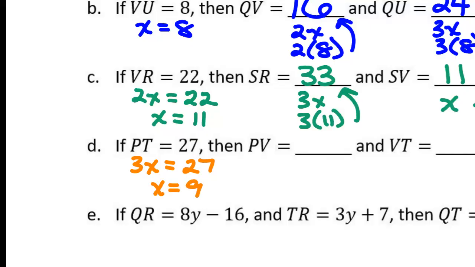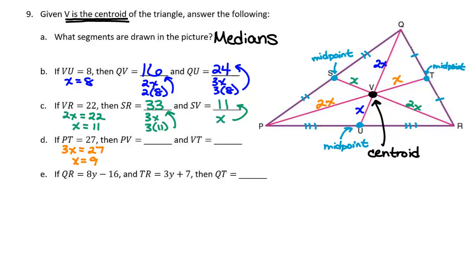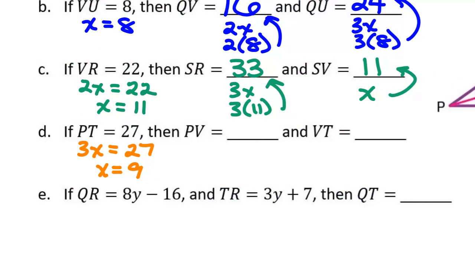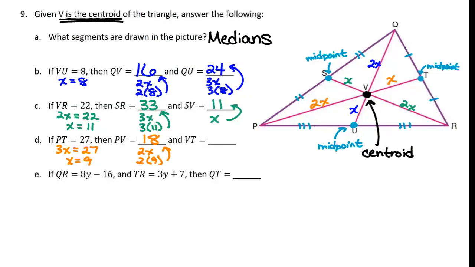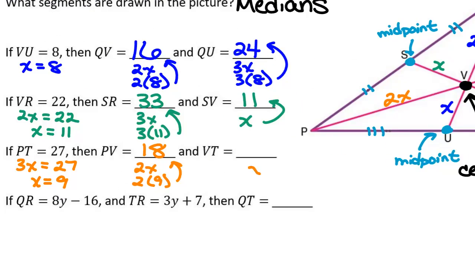Nine. X would be 9. So then to find PV, is that an x, 2x, or 3x? 2x. So we do 2 times 9, which would be how much? 18. And then VT, this much right here, would be how big? 9, because it's X.